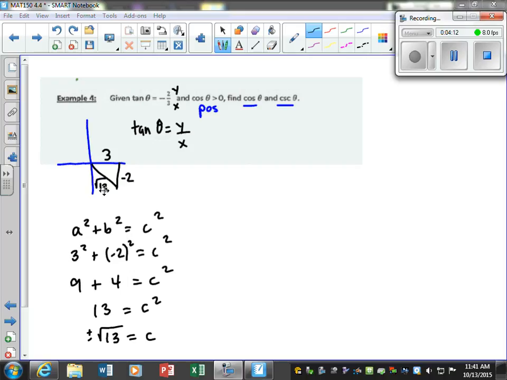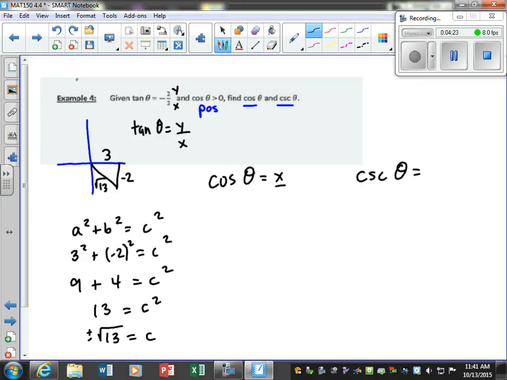Square root of 13 is our missing side. It only asks us specifically to find cosine of theta and cosecant of theta. By definition, this one is x over r, and this one is r over y. So the x value is 3. The radius is square root of 13.